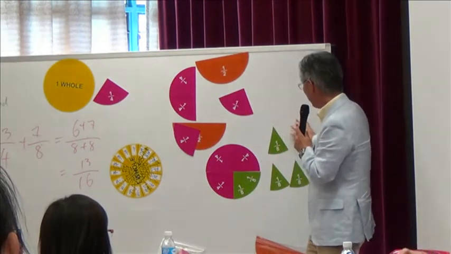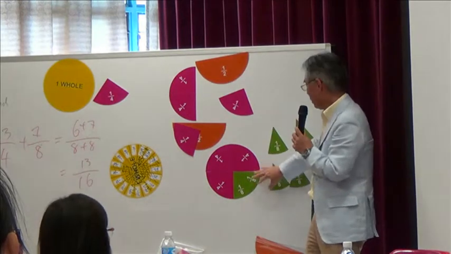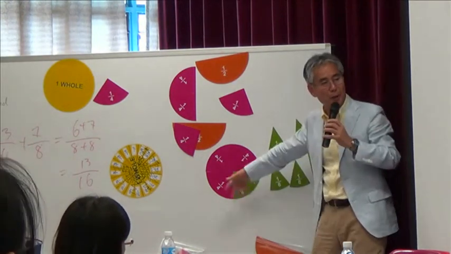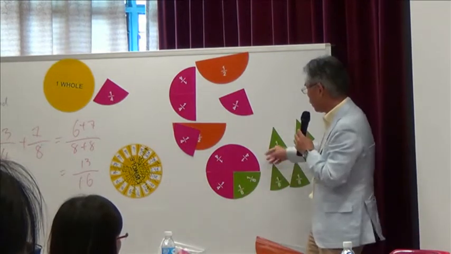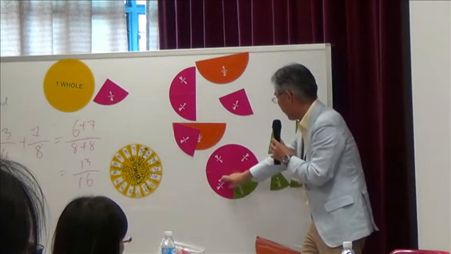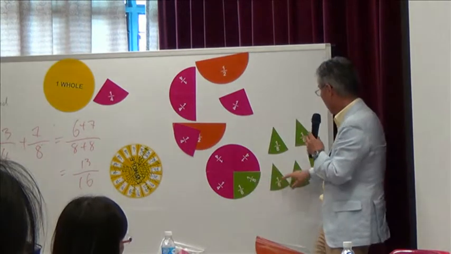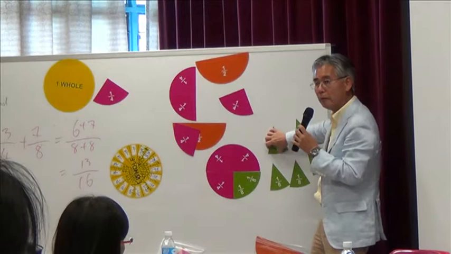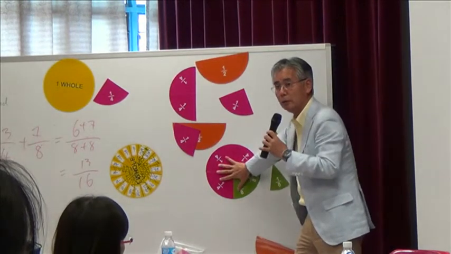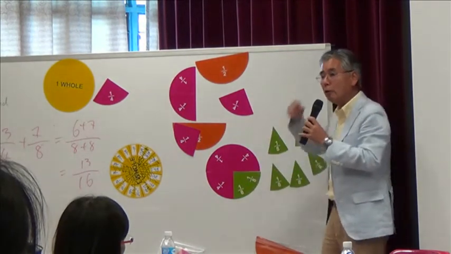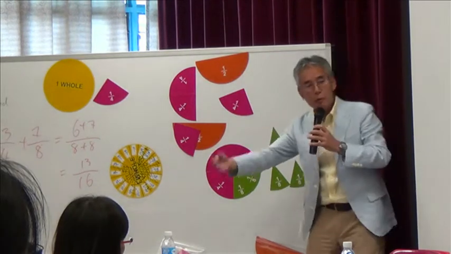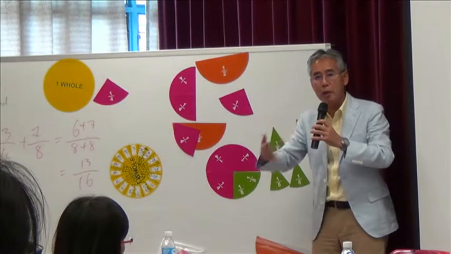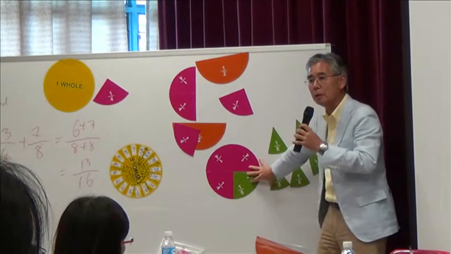But if you go further, this is mixed together. You said you don't like a mixed size of pizza, right? So in that case, you need to convert: 1, 2, 3, 4, 5, 6, 7, 8, 9, 10, 11, 12, 13. Then you convert this to a whole, and then 1 and 1/8. So in all this process, we should have the one-to-one correspondence between the calculation and the manipulatives.